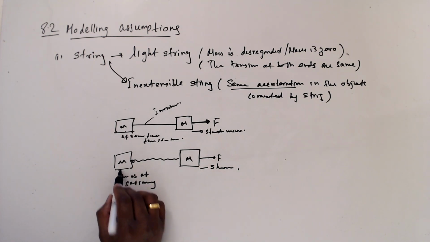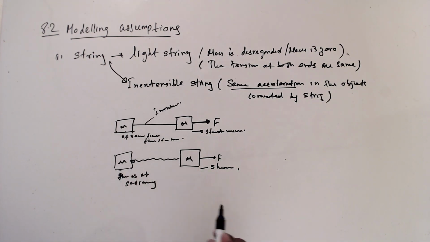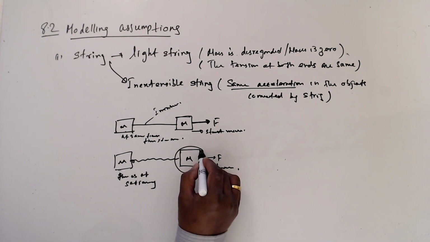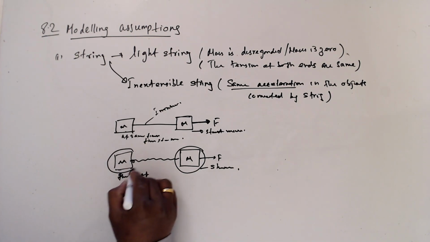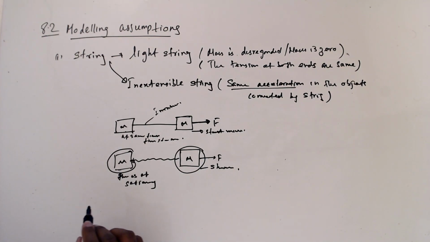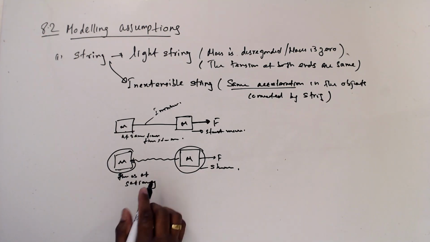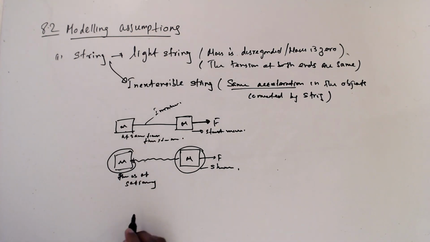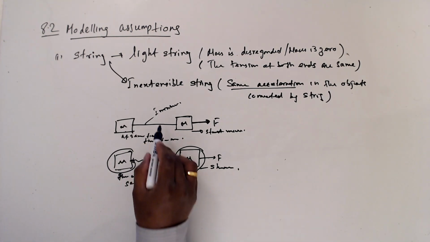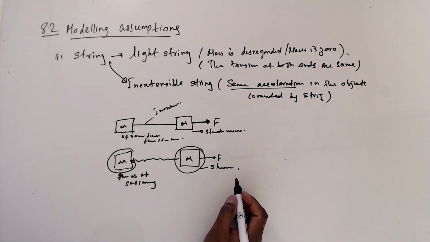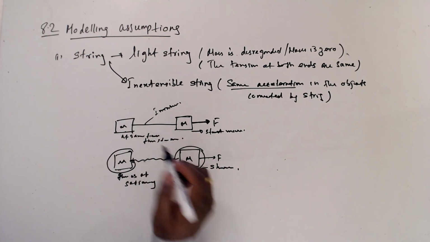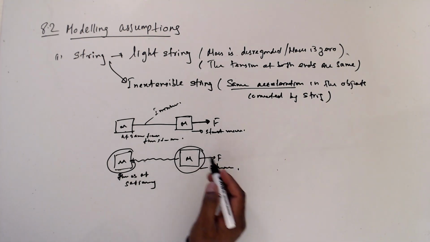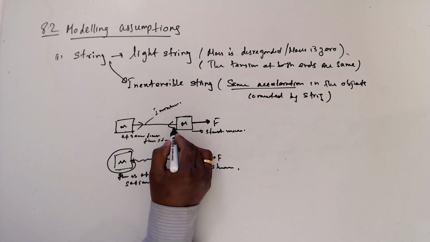After some time this will start moving, because it is the elastic, extensible one. Because of that, the acceleration of this part is different from the acceleration of this part. In A-level mathematics, we don't consider two masses connected by an elastic string. We only consider the inextensible string, and the tension at both ends is also the same.